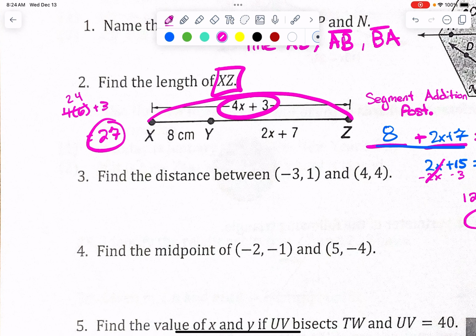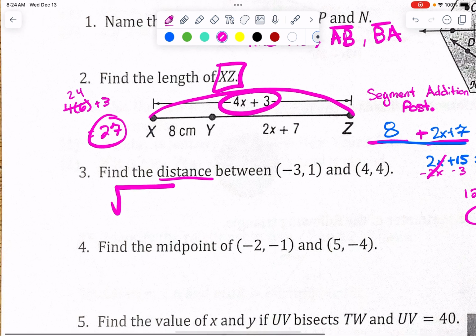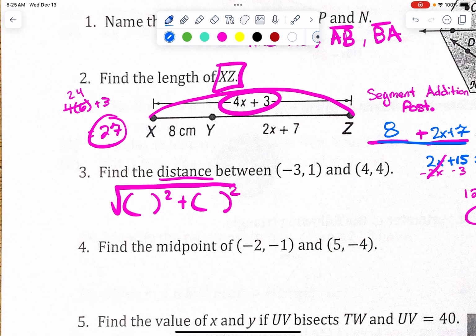Next one is distance formula, okay? So finding the distance. Distance formula is this guy, okay? And actually the full formula is x2 minus x1, y2 minus y1, inside of those. I don't ever use the formula when I do it. I just look to see how far apart, because we save time rather than writing out all of our pieces.